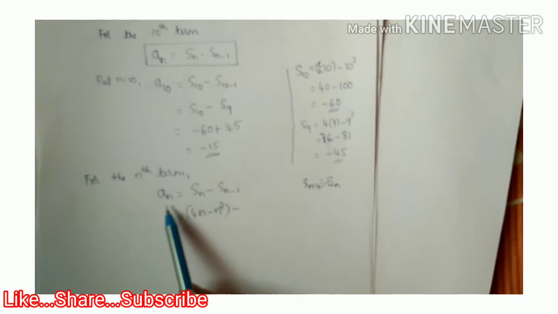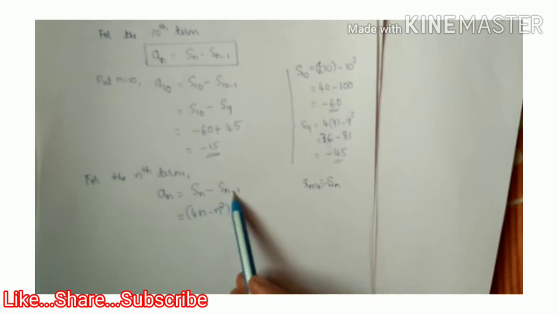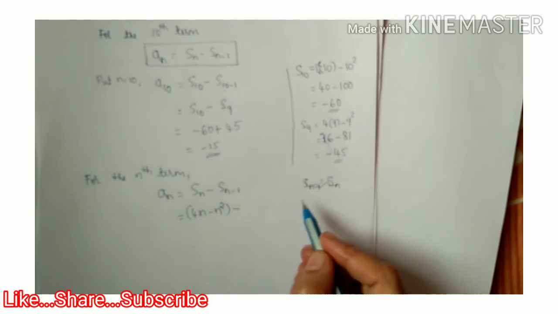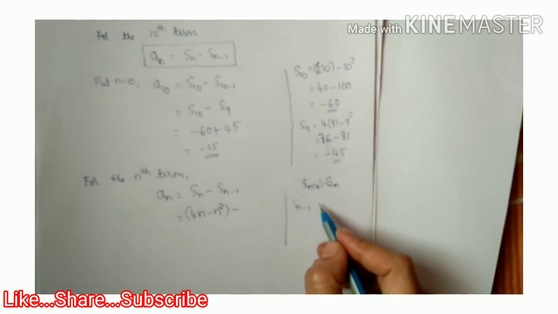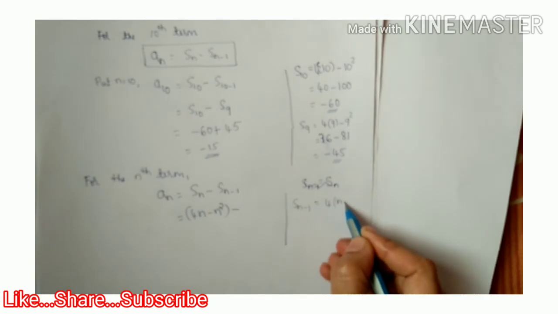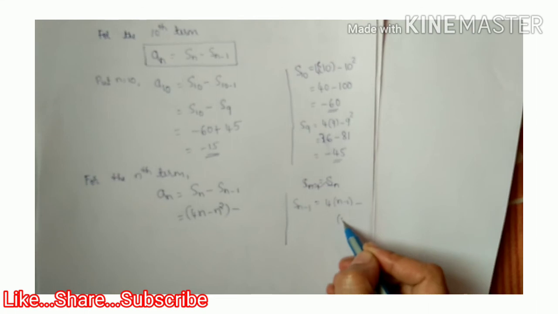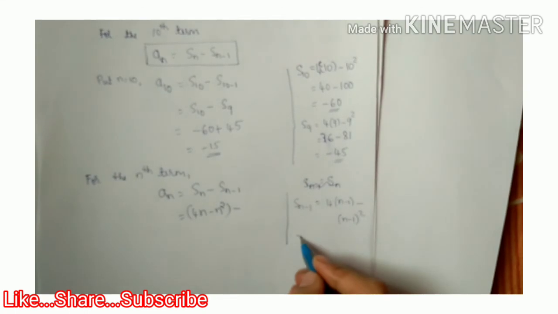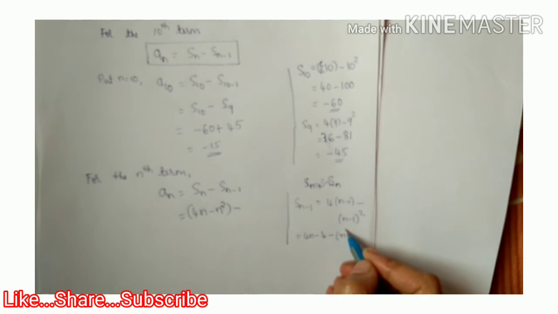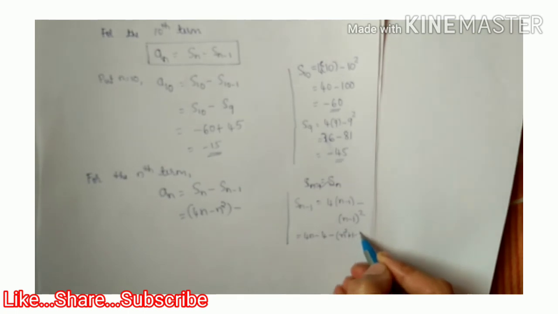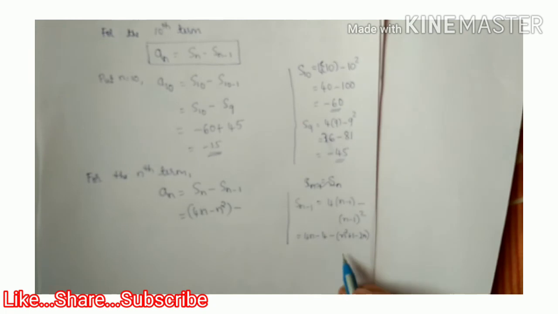For the nth term, an is equal to Sn minus Sn minus 1. Replace n by n minus 1 for Sn minus 1: 4 into n minus 1 minus (n minus 1) whole square, which is 4n minus 4 minus (n square plus 1 minus 2n), using the identity (a minus b) whole square equals a square plus b square minus 2ab.